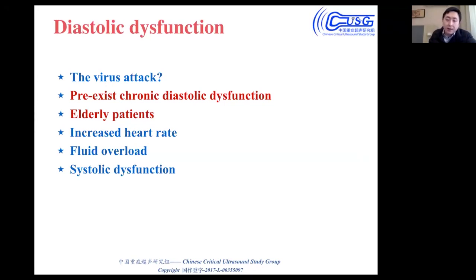Also, decreased systolic function may increase the severity of this diastolic dysfunction. So we should improve the systolic dysfunction to improve the diastolic dysfunction.